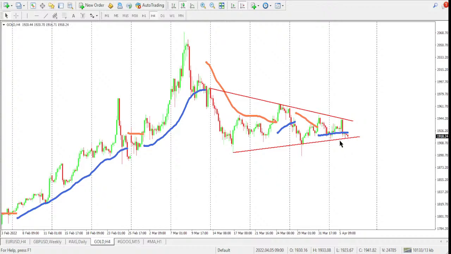So if you see a buy signal around this area, you're supposed to pick a buy position, expecting buyers to push price to the upper side, at least up to this level here. So this right here will give us the best place to look for a buy from. We look for a buy at least up to this level here.